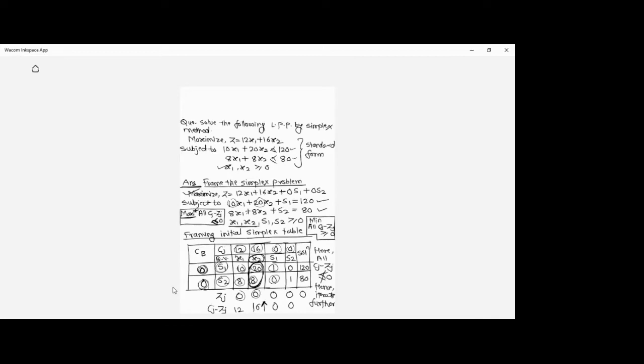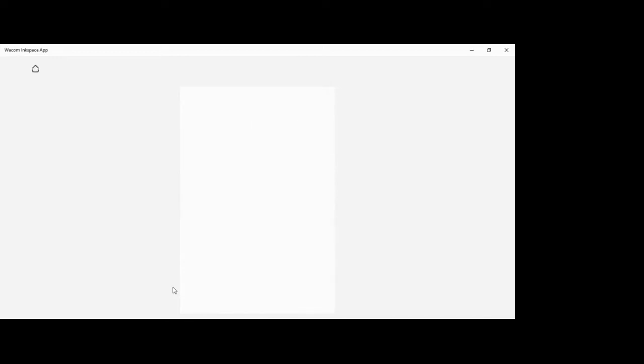Now I'm going to draw this table again so that we do not make any confusion, and it becomes easy to understand.